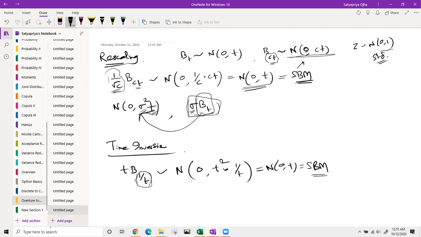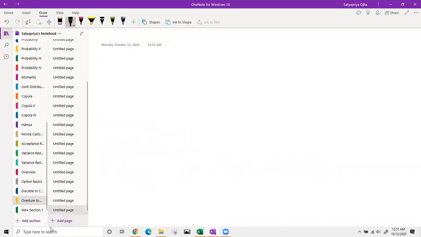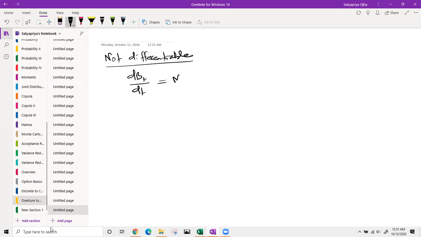Now probably the biggest surprise. Brownian motion is not differentiable. dB by dt is meaningless. What? How is that possible?